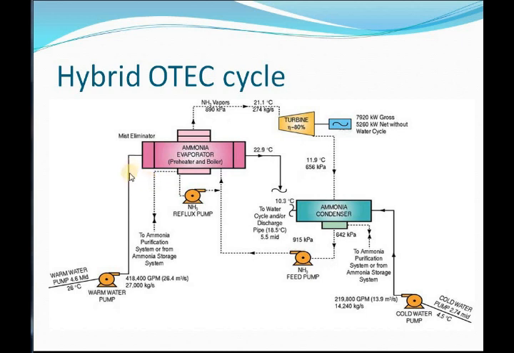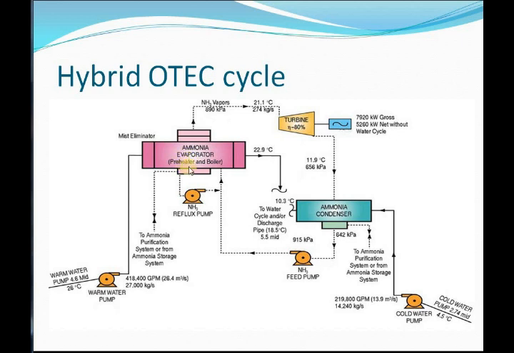So similar to the open cycle system, here in the flash evaporator it is getting converted to steam. The steam now goes to the ammonia evaporator, where the second working fluid, that is ammonia, is vaporized, as in the case of the closed cycle loop.